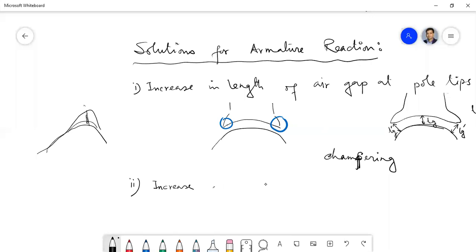Increase in reluctance of pole tips. How you can implement that?